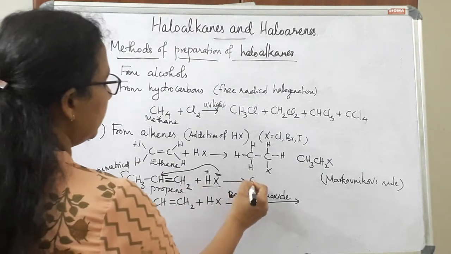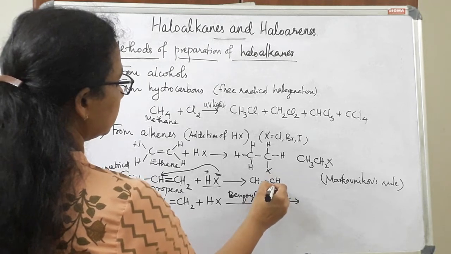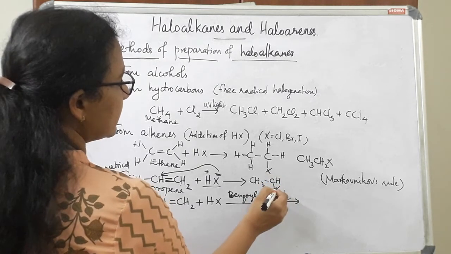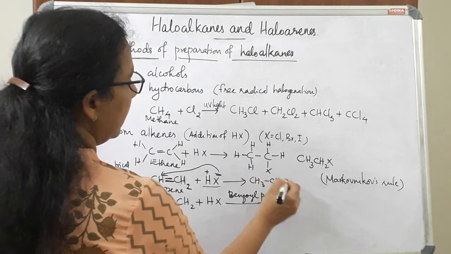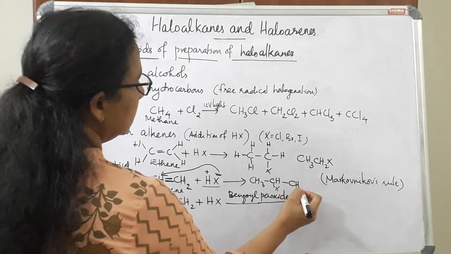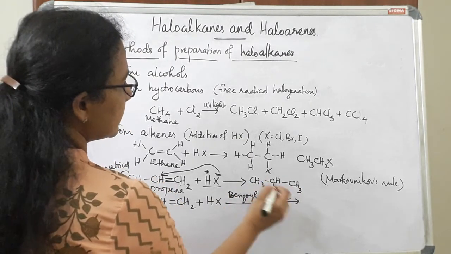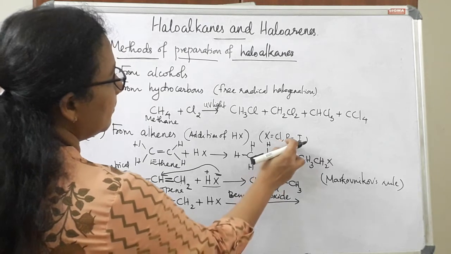So the product will be CH3, CH, X. So X will be attached with this carbon and hydrogen will be attached with the other carbon. So it will be CH3, CHX, CH3. So this X can be chlorine, bromine or iodine.